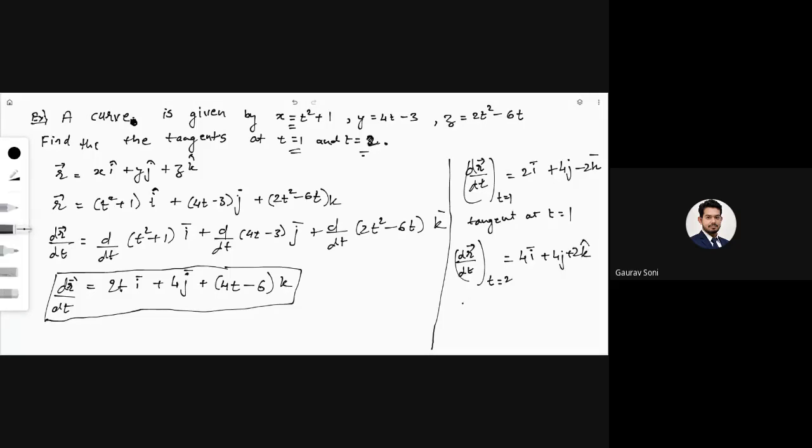This is the tangent at t equal to 2. Okay, next example.